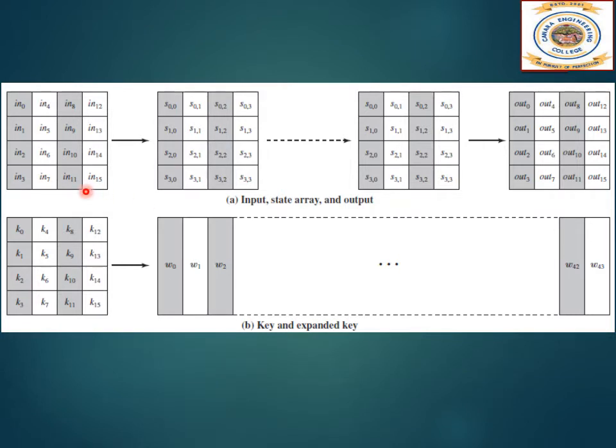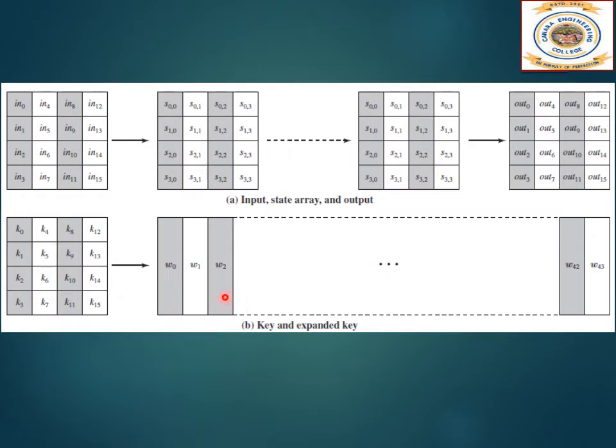In this figure, you can see this is the input array, how the 128 bits are taken as a 4x4 matrix and copied into a state array. Then at every stage we get the state array, and finally it is copied as a 4x4 matrix to the output matrix.